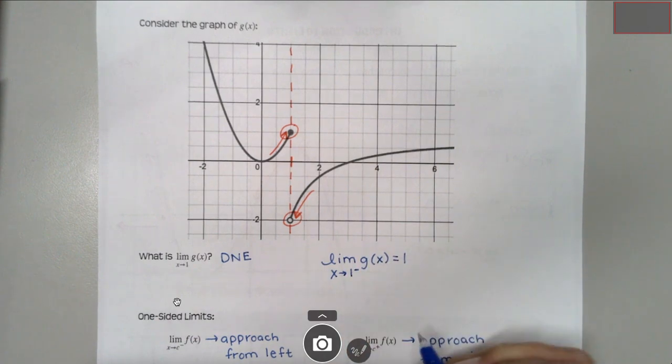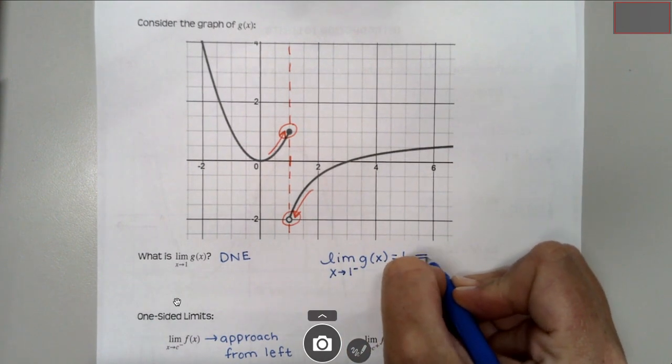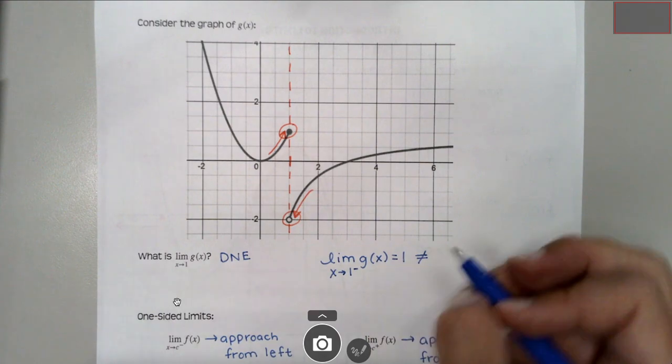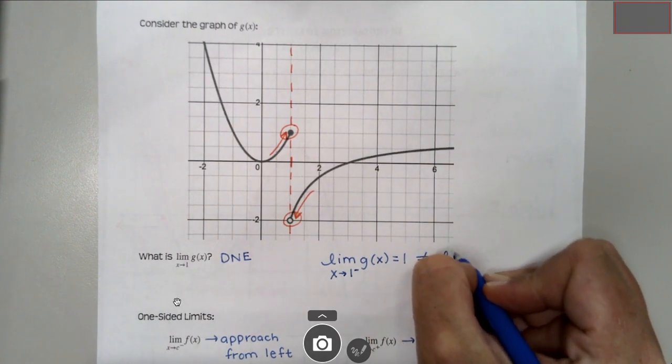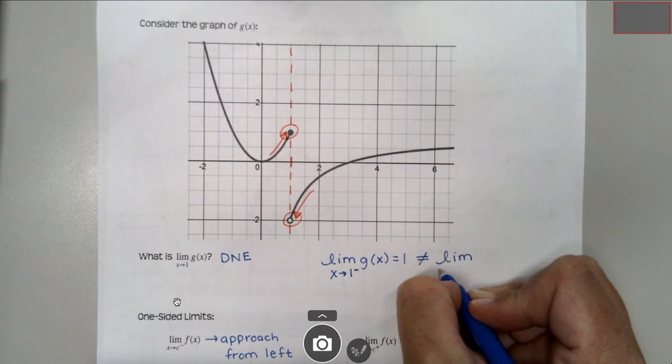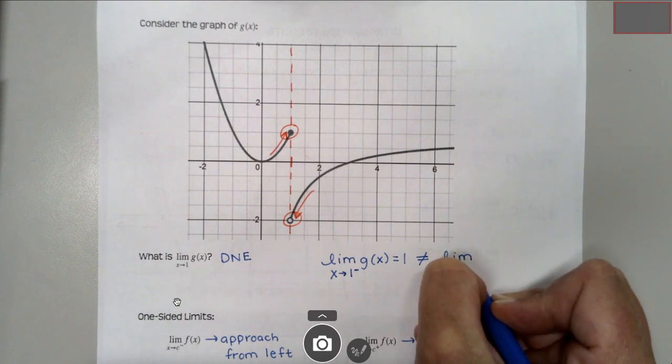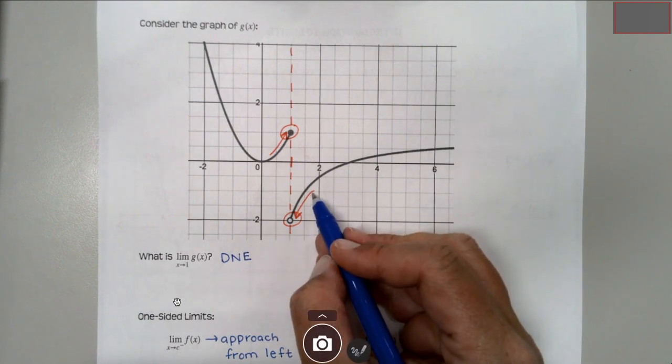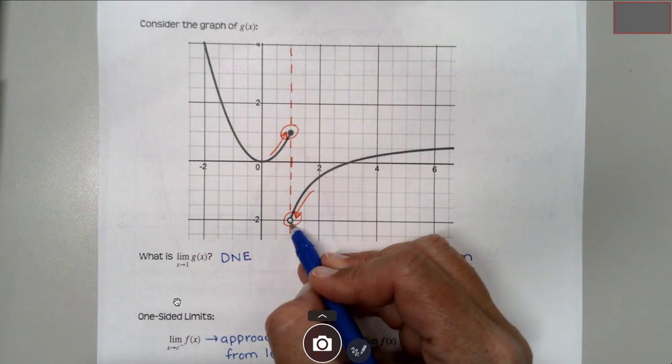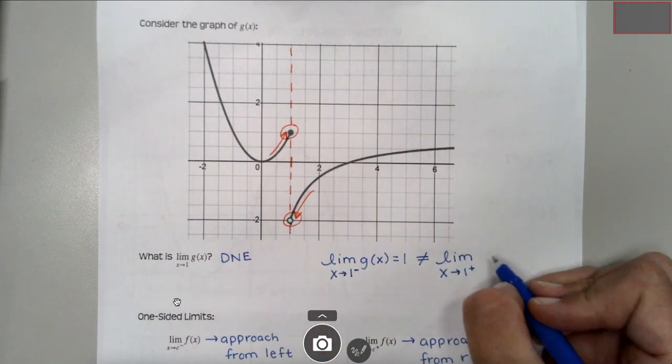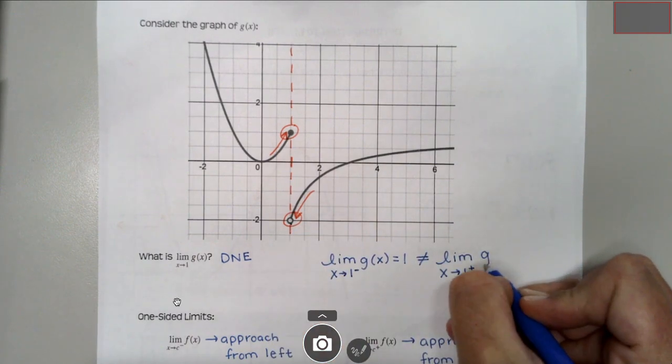And that is not equal to the limit as x approaches 1 from the right side, where this limit would land us at -2. Oh, and I have to have my g of x in there.